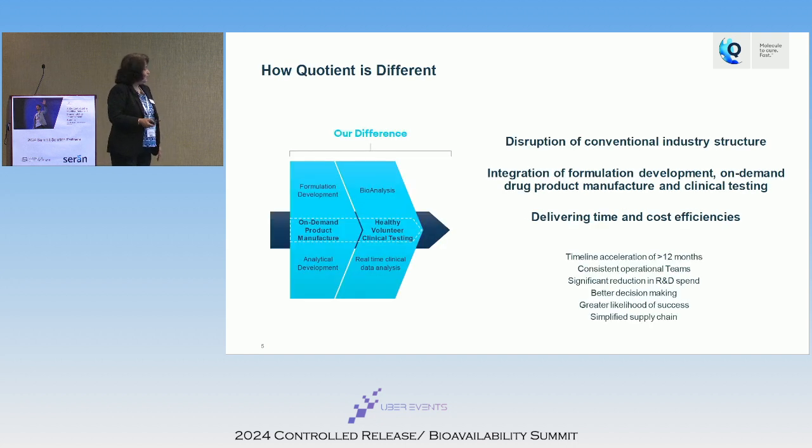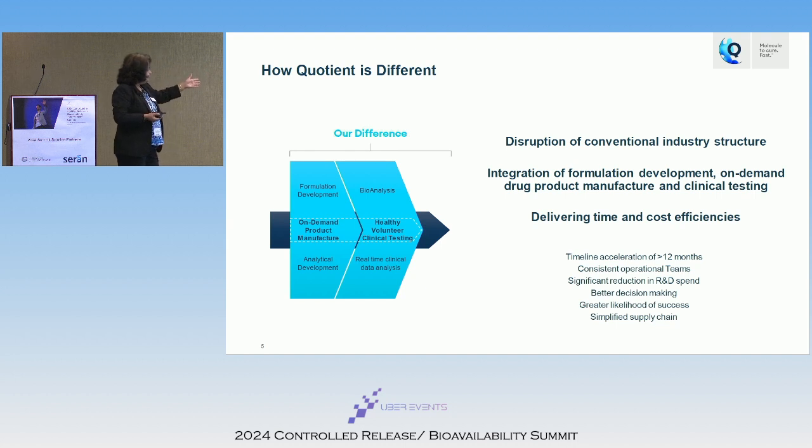And so at Quotient, this is where we are trying to make an impact and try to be creative and innovative. We are trying to merge those two boxes and try to make it an integrated development platform for developing drugs. So on the left-hand side, we have formulation development, or a CDMO capability, where we have the ability to manufacture on small scale or large scale various different product types, whether they are solubility enhanced, standard IR products, or complex modified release products.